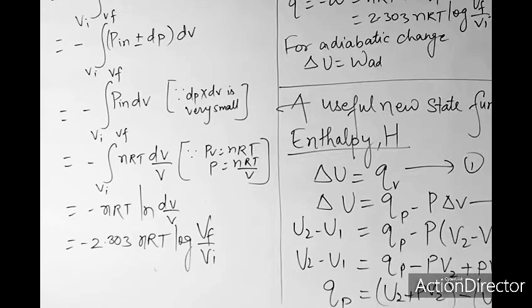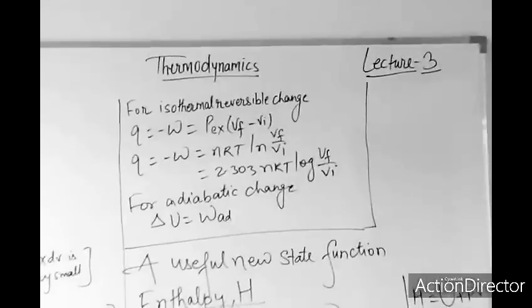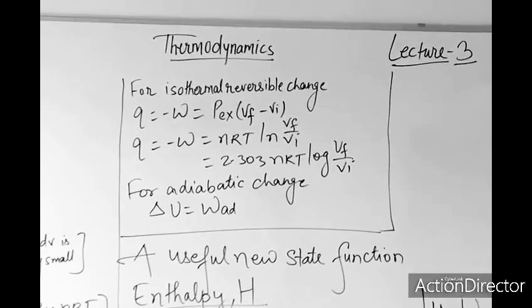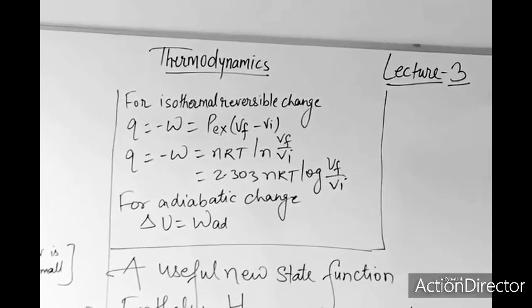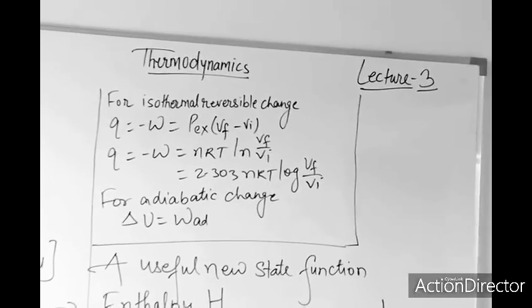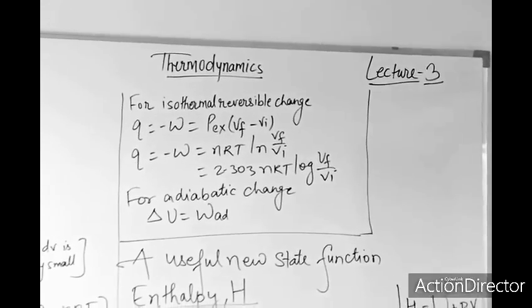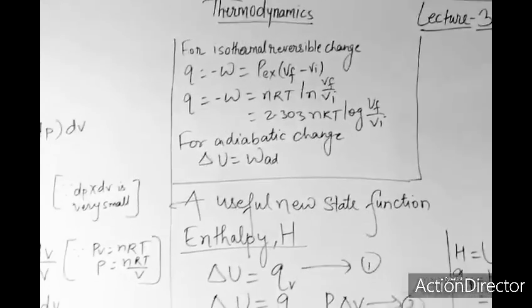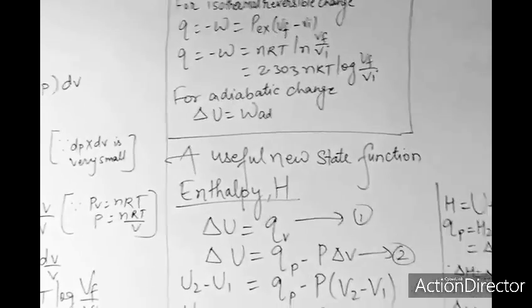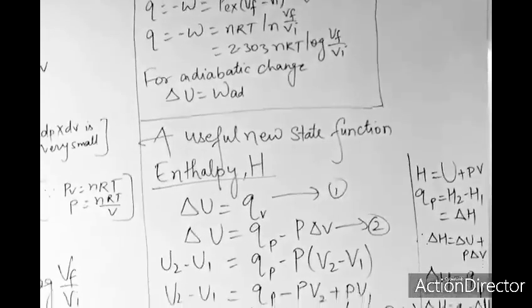For isothermal reversible changes, Q is equal to minus W, which is nRT ln Vf by Vi, also equal to 2.303 nRT log Vf by Vi. For adiabatic changes, we have already studied this in the previous video.